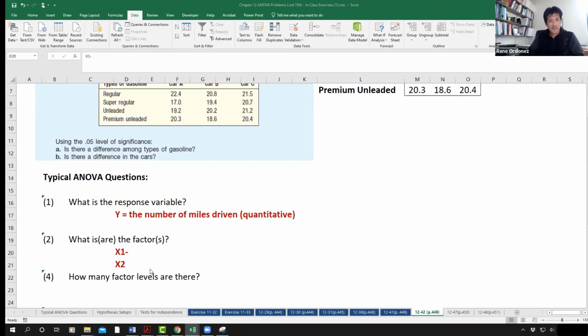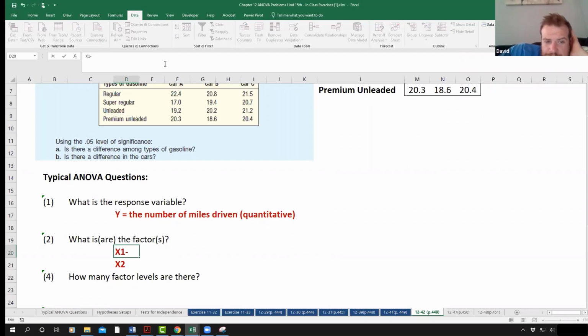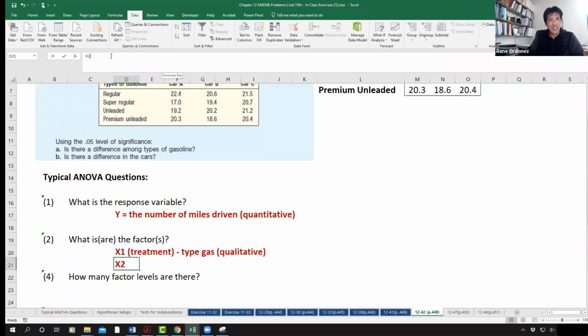Factor. Okay, David, you're there. I see you. Is it the type of car and the type of gas? Okay. Yep. So X1 would be, let's make this clear that this is the treatment, which would be the type of gas, and this is also a qualitative variable, and then you said X2, which is the blocking.